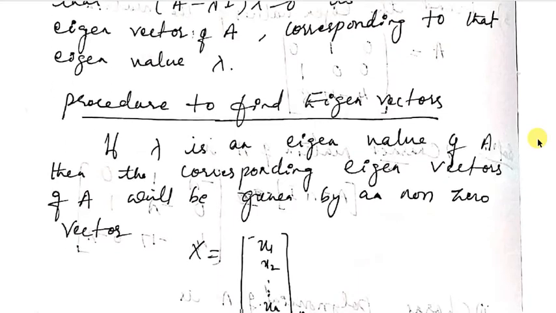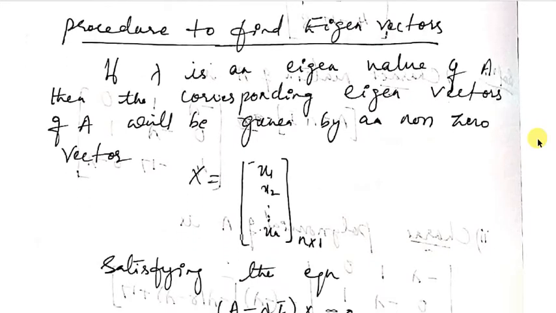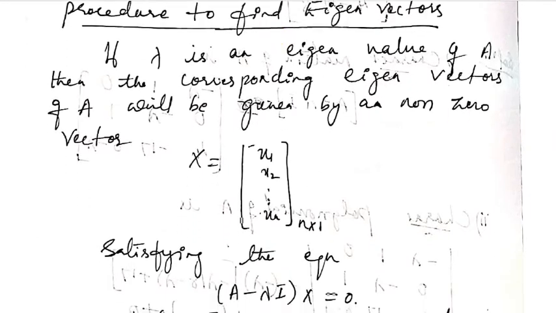Here I'll show you the procedure to find the eigenvectors. To obtain the eigenvectors x, we have to consider the eigenvalue of A. Then the eigenvector of A will be given by a column matrix, that is x is equal to x1 to xn, of order n cross 1, which satisfies the equation A minus lambda I times x is equal to 0.